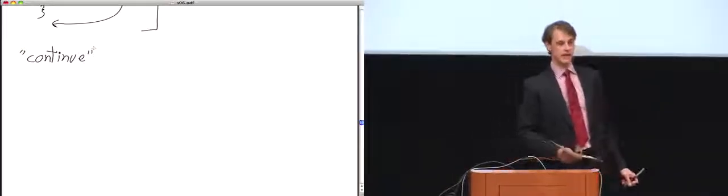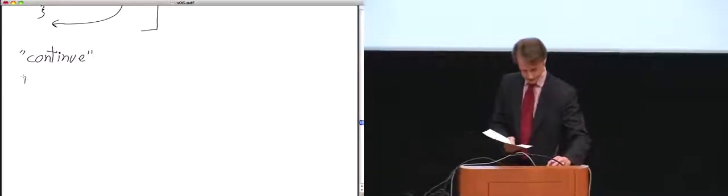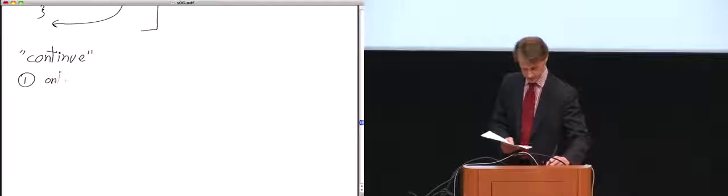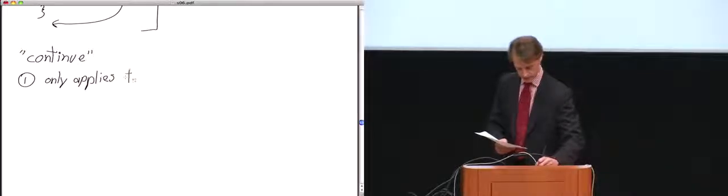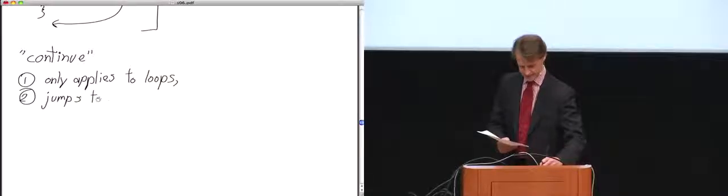There is a continue statement in Java which is akin to the break statement. It has two main differences. One is it only applies to loops. It has nothing to do with switch statements at all. And two, more importantly, it jumps to the end of the loop body, sort of like a break statement, but it stays inside the loop body.